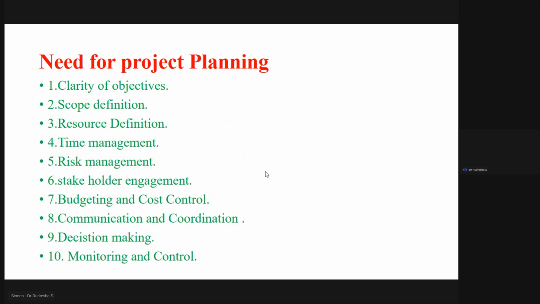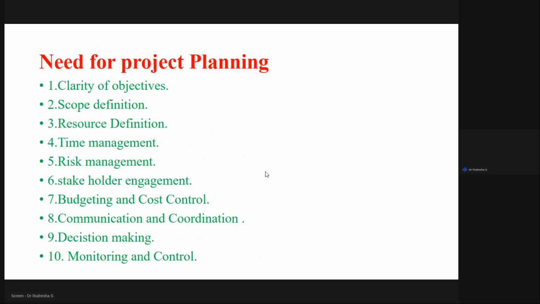Risk management. Stakeholder engagement.